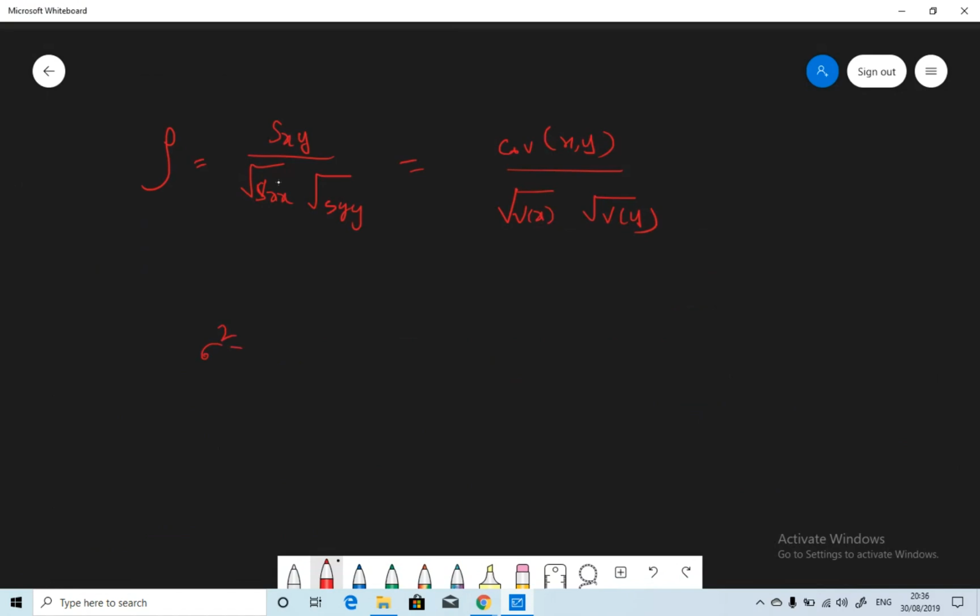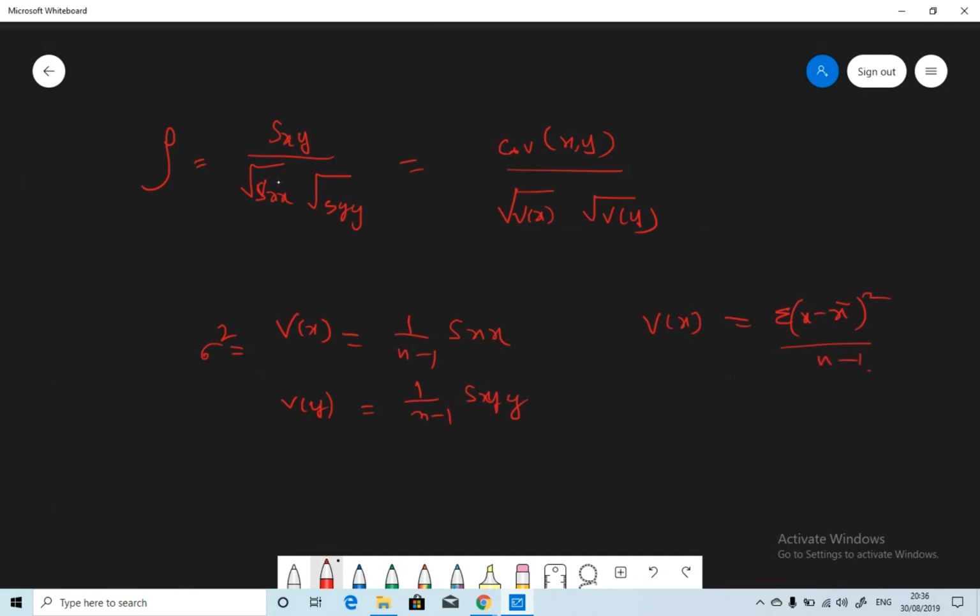Variance of x equal to 1 by n minus 1 into Sxx. Variance of y equal to 1 by n minus 1 into Syy. So variance of x, you know, is summation of x minus x bar squared by n minus 1.